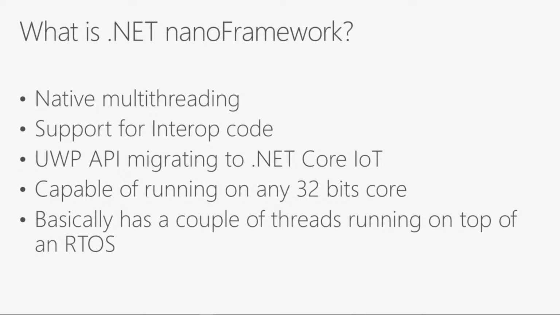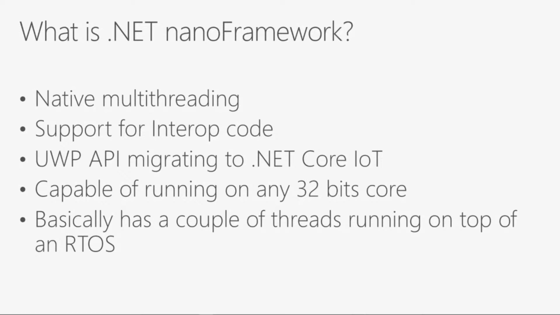So the Nano Framework is capable of running on any 32-bit core. Actually, this is the minimum. You could possibly run it on an 8-bit, but that would require more work and being able to deal with the data differently.